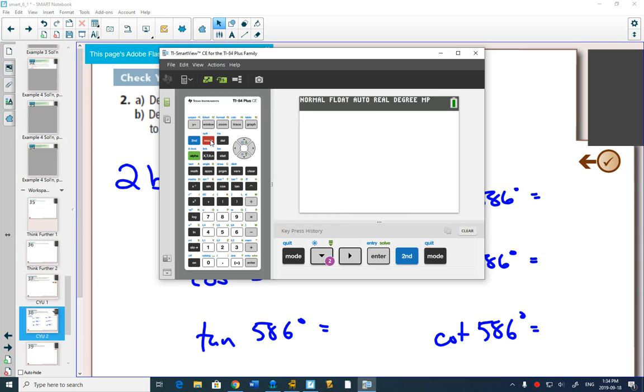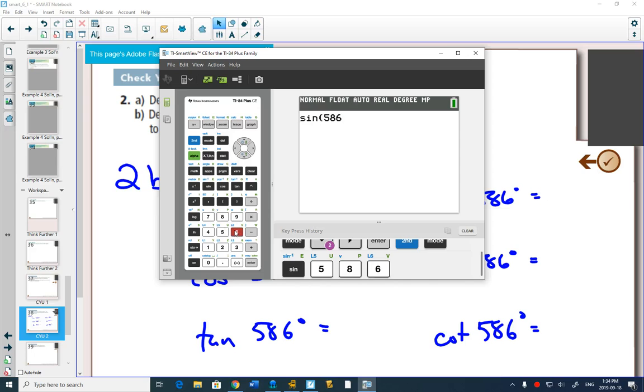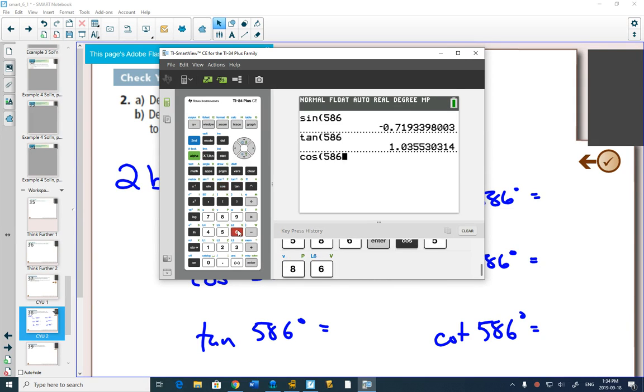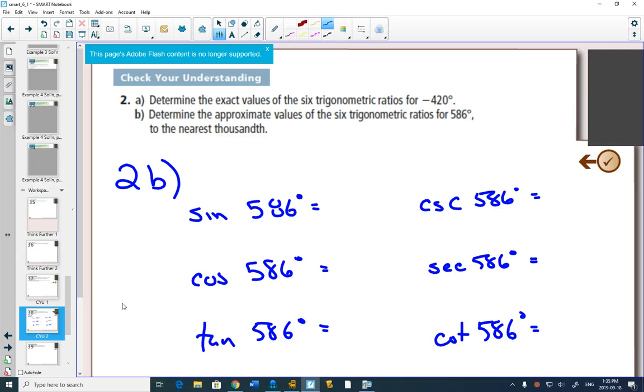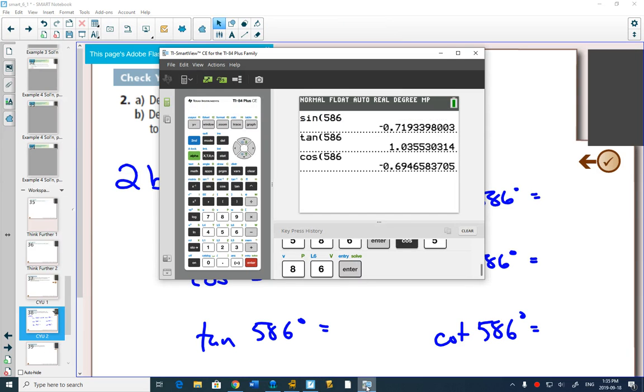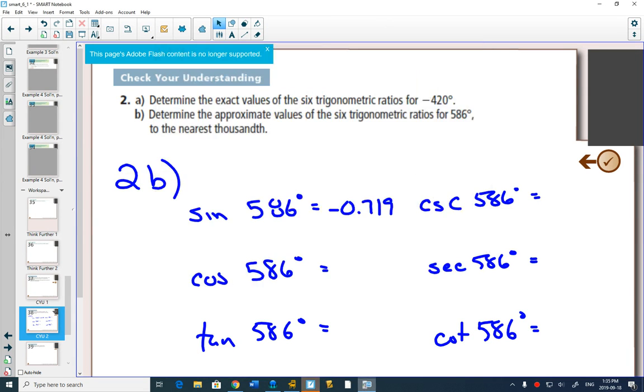And now I can push sine of 586, enter, tan of 586, and cos of 586. Those ones are easy. So sine is negative 0.172 to the nearest thousandth. Then 1.036 for tan.